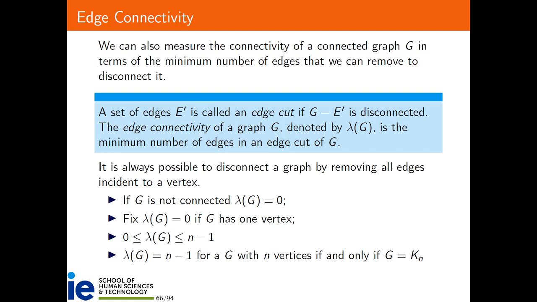The edge connectivity of a graph G, denoted by lambda G, is the minimum number of edges in an edge cut of G. Now, an important thing to notice is, okay, if I have a vertex, and I delete all edges that connect that vertex, then I know that my graph becomes disconnected.